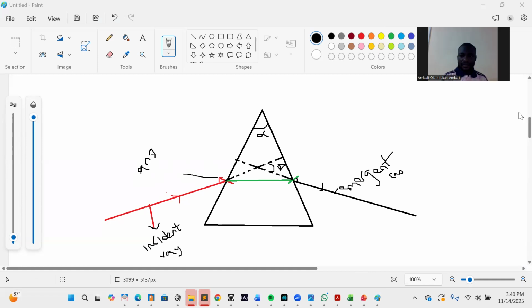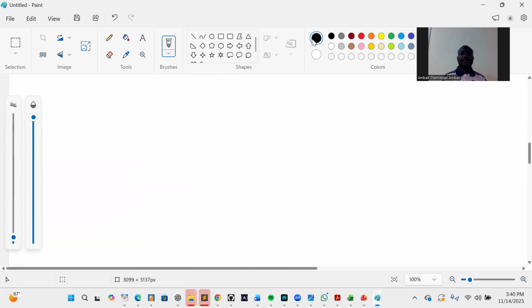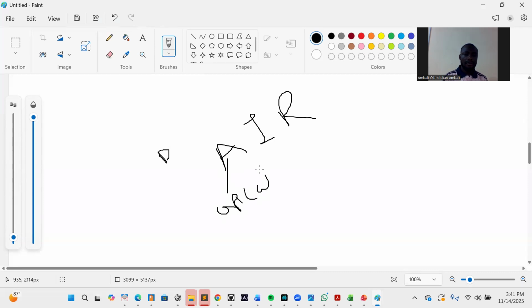All right. So now this deviation, what factors does it depend on? The deviation is affected by three things: A, I, R, that's the model we used to use. The A is the apical angle or the refracting angle.